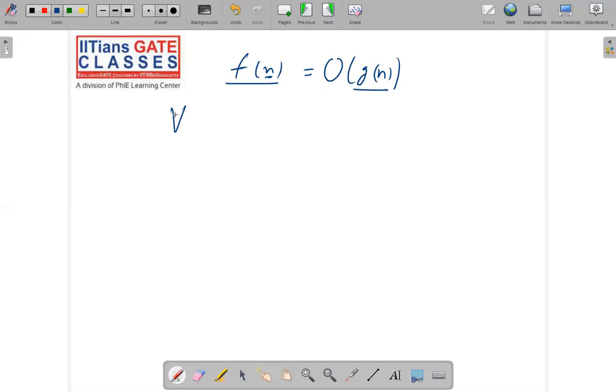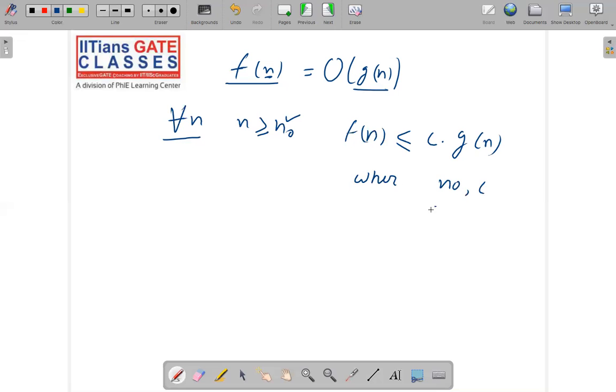It means that for all n, where n is greater than or equal to n0, n0 means after this value, this relation is applied for all values of n. If Fn is less than or equal to c times Gn, where n0 and c are constants, okay, these two are constants.